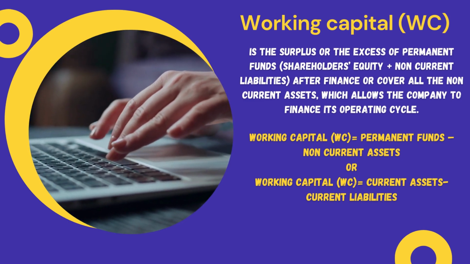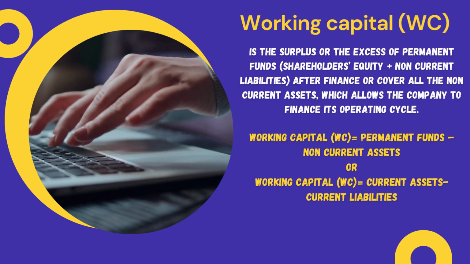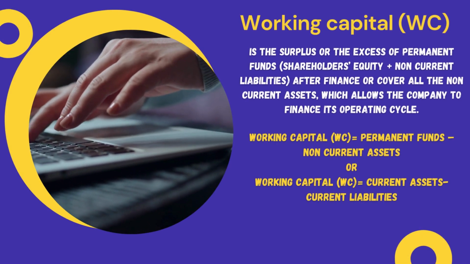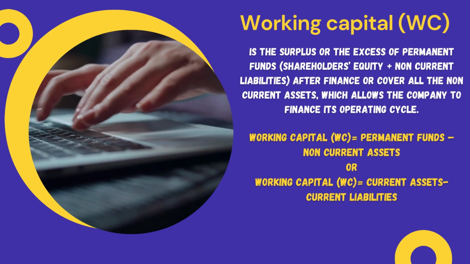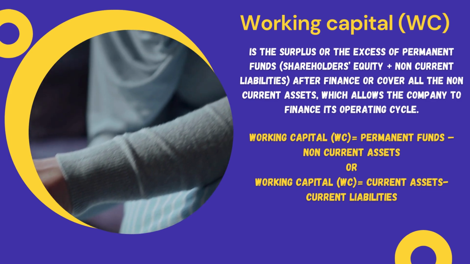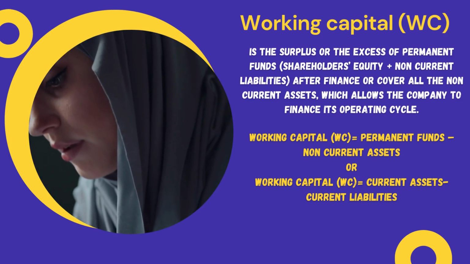The first is the difference between permanent funds minus non-current assets. It's calculated from the top of the balance sheet. From the bottom of the balance sheet, it's current assets minus current liabilities. It gives us the same result.